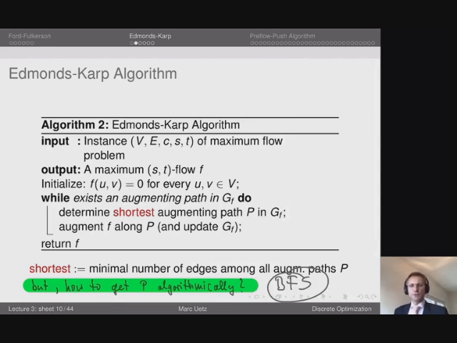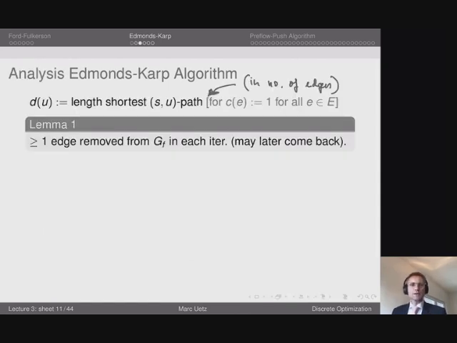So the proof of all these claims follows by three lemmas. First lemma says, well, in each iteration of the algorithm, at least one edge will be removed from the corresponding residual graph. That is obvious because once we have computed a residual path, an augmenting path, we will send the maximum flow through it. So that means at least one edge of that path will get saturated.